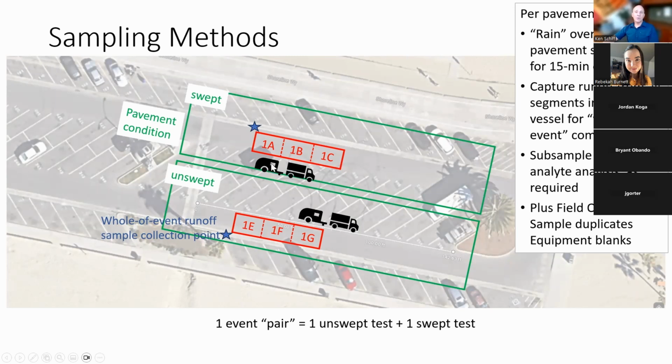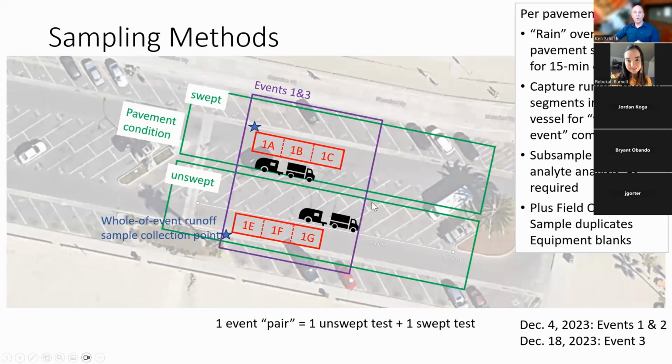And then the other thing, of course, is to add things like sample duplicates or equipment blanks. Just standard QA stuff. So we did this 3 different times.